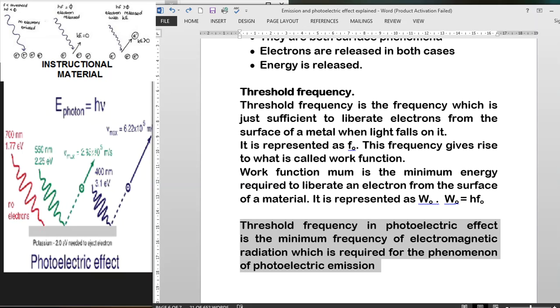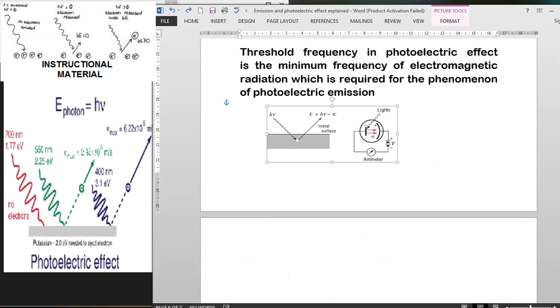Threshold frequency in the photoelectric effect is the minimum frequency of electromagnetic radiation which is just required for the phenomenon of photoelectric emission. So that minimum frequency is called the threshold frequency, while the minimum energy is what we call the work function.